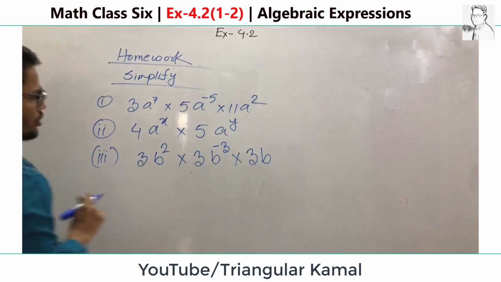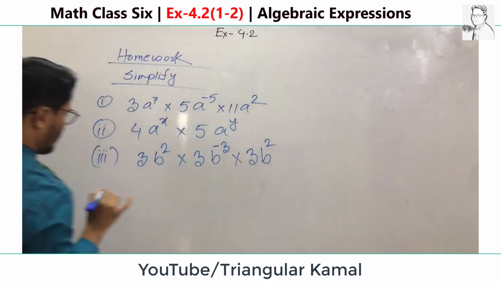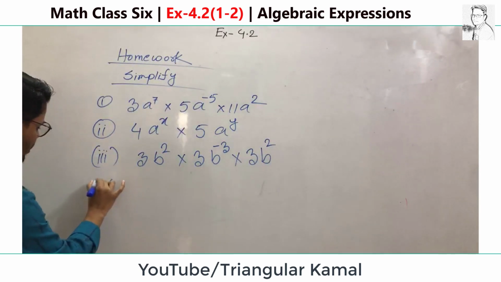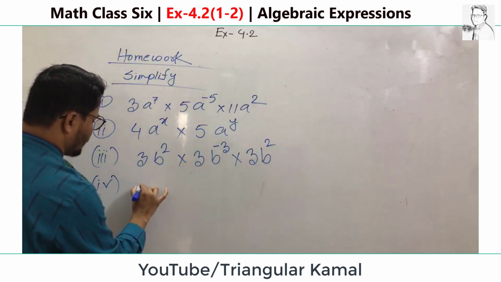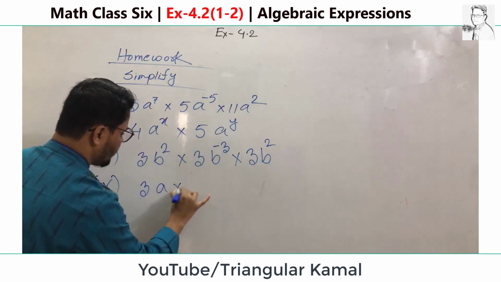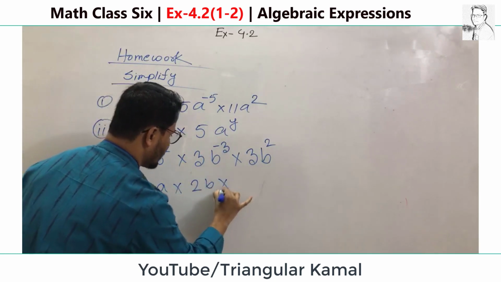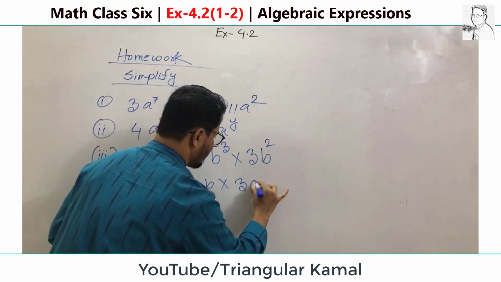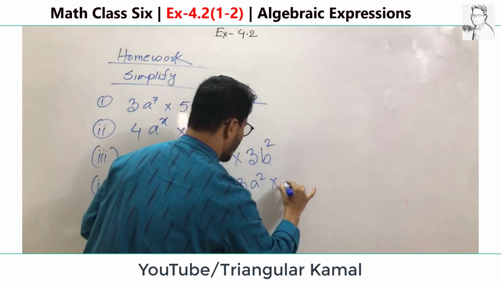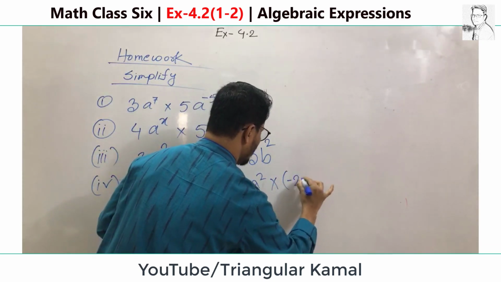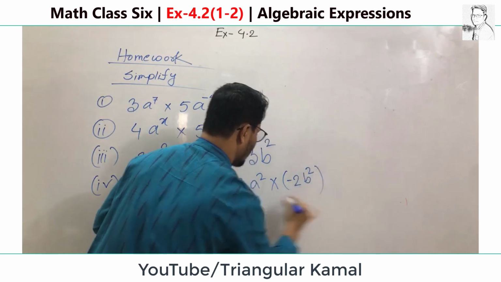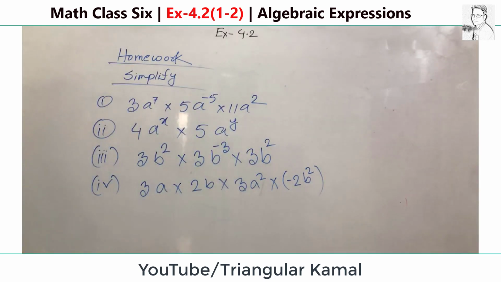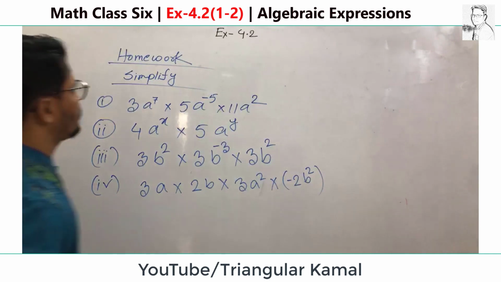And number 4: 3a multiplied by twice b multiplied by 3a square multiplied by minus 2b square. What will be the total result if we multiply this?